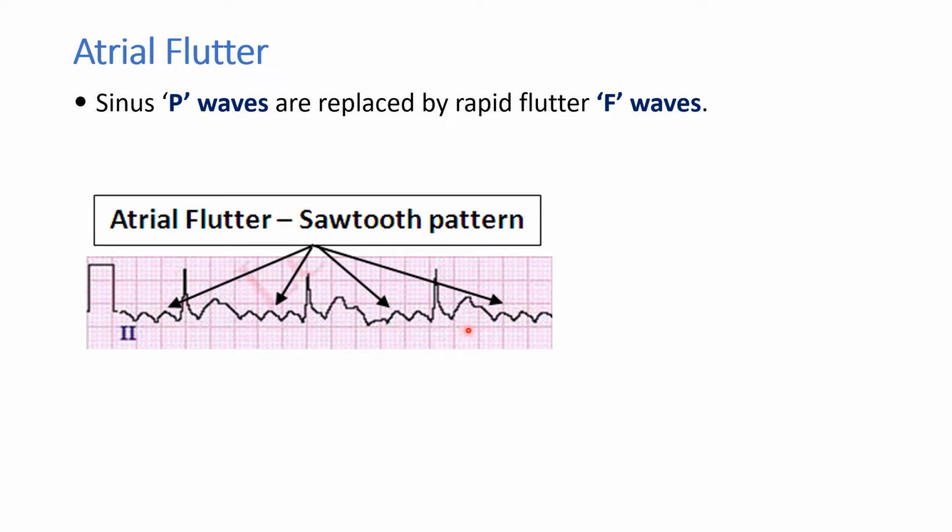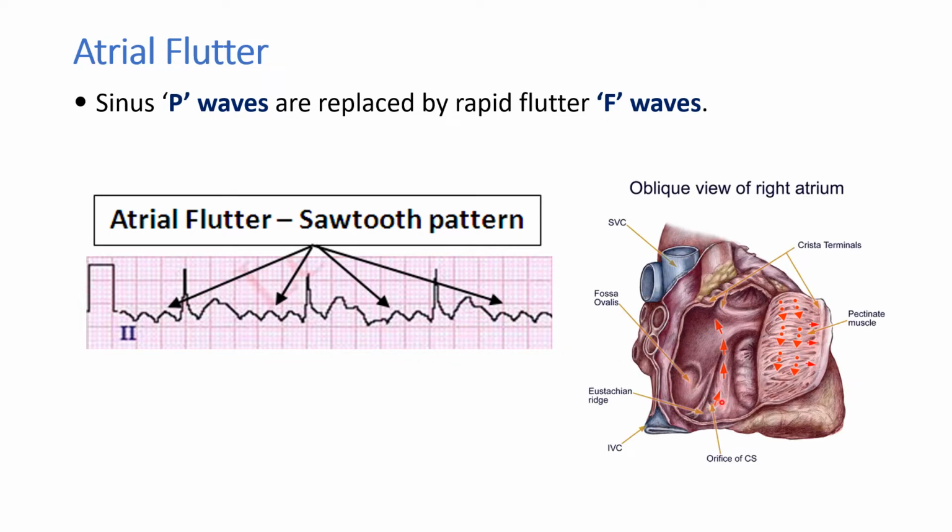The most common type of atrial flutter involves a single reentrant circuit with the circus activation in the right atrium around the tricuspid annulus, with an area of slow conduction located between the tricuspid valve annulus and coronary sinus ostium.